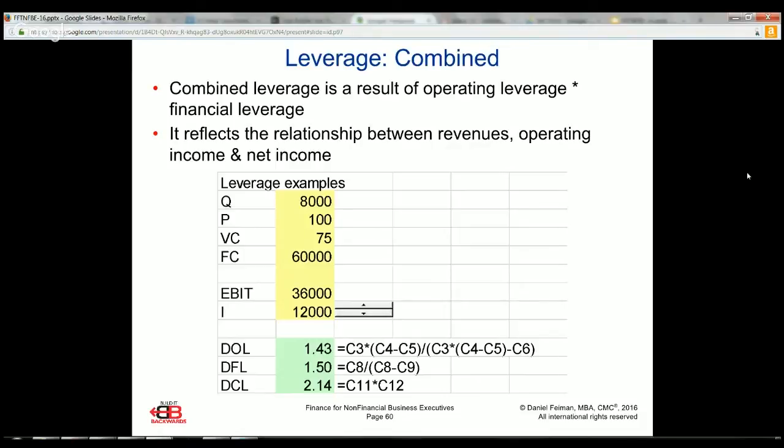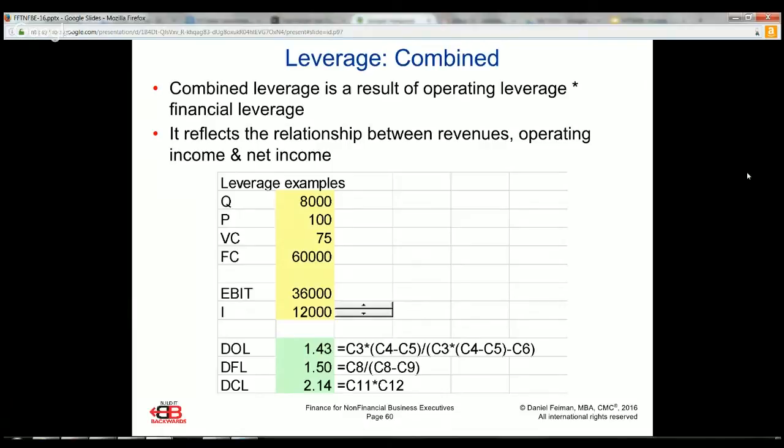Or, since we've already multiplied these, take your percentage change in revenue times the 2.14, either positive or negative. That'll tell you how much your net income will increase or decrease as we have changes, increases or decreases, in our revenue. That's how we can look at leverage.